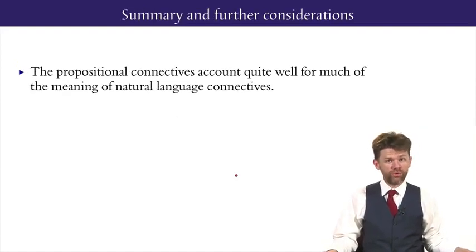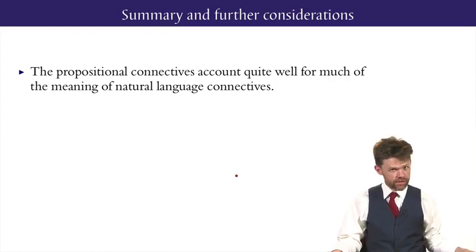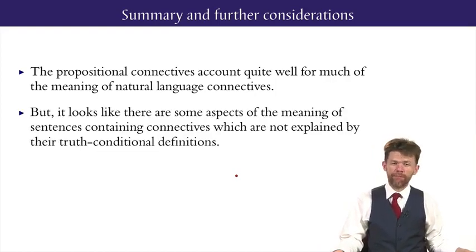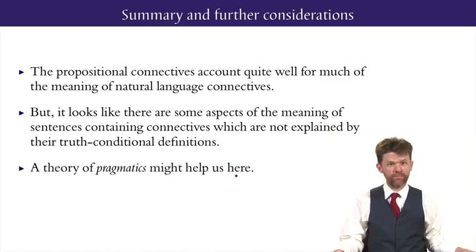Now, using these tools from linguistics, we've been able to get a new angle on puzzles about logic. The propositional connectives account for a lot of the meanings of words like and or and not in natural languages, but there are aspects of the meaning and the way that we choose what sentences to use that are not given by the definitions in terms of truth tables.